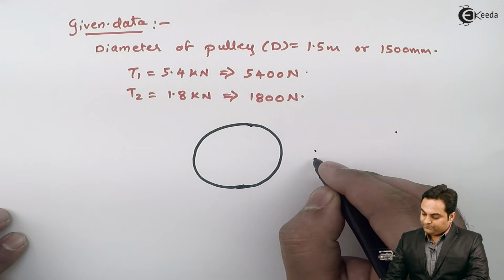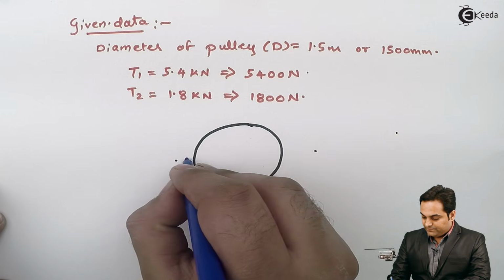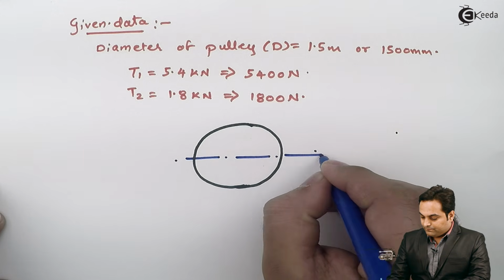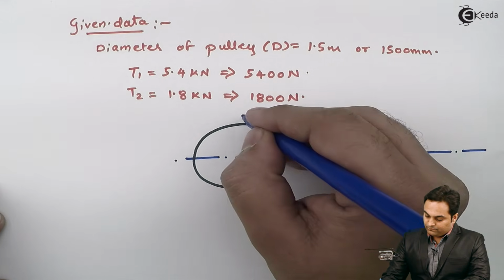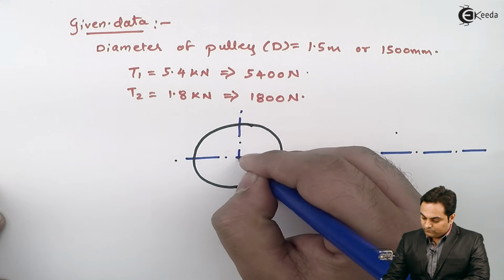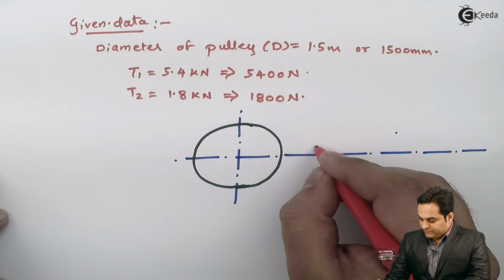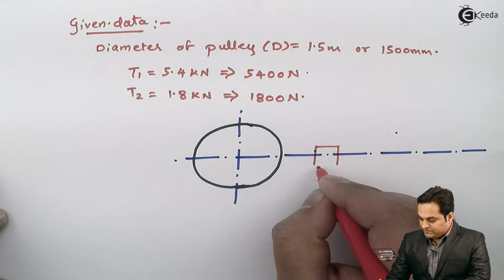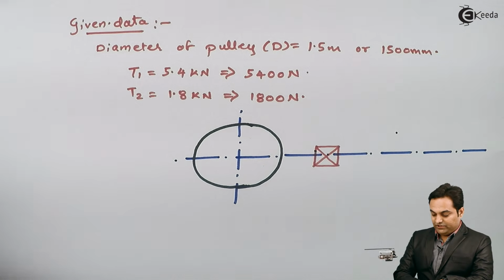Next, I'll draw it in a very simple manner. Here it is given that the pulley is supported at one end and it is overhanging from the other end.